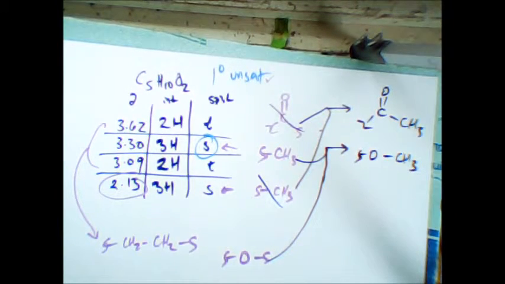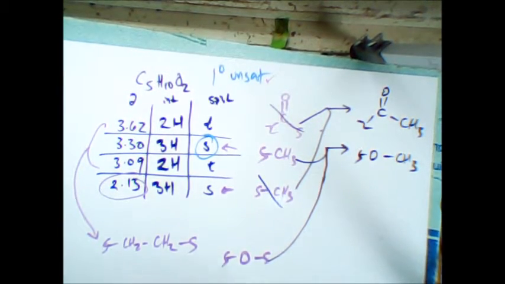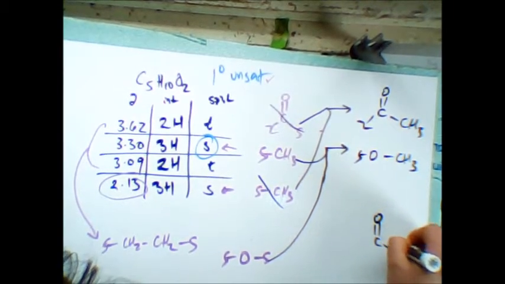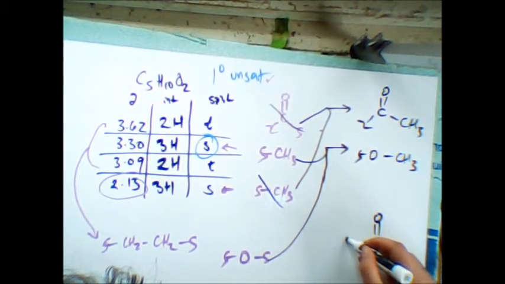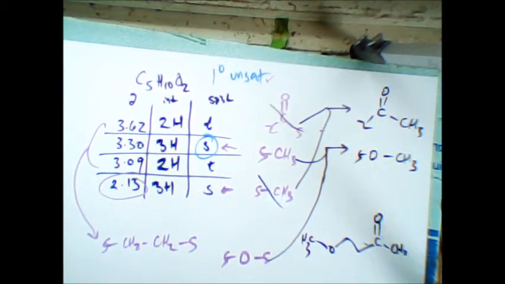And at this point, there is no other way we can put this molecule together. Our ethylene has to be attached to our carbonyl on one side and to our oxygen on the other side. And voila, your molecule.